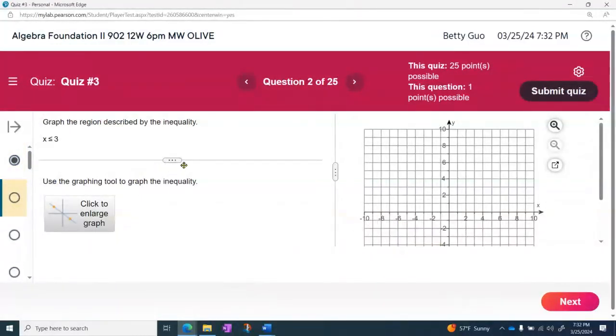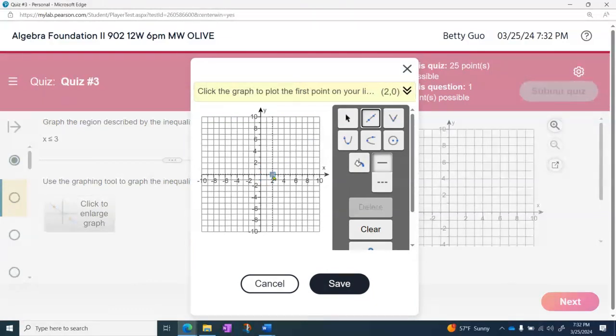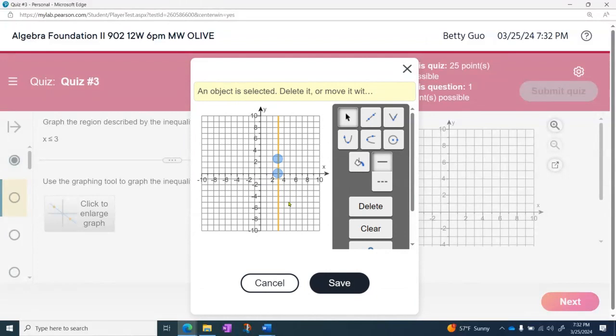Graph the region described by the inequality. Similar to the question we had earlier. So firstly, I'm going to graph the boundary line. The boundary line is going to be solid. And the boundary line equation is going to be x equals 3. So from the origin, I go to the right 3 units and draw a vertical straight line. And I'm going to use the origin as the testing point.